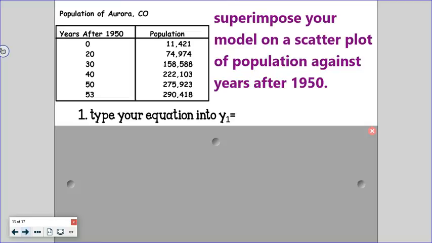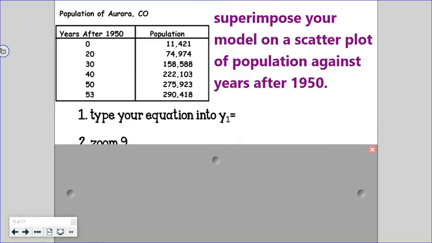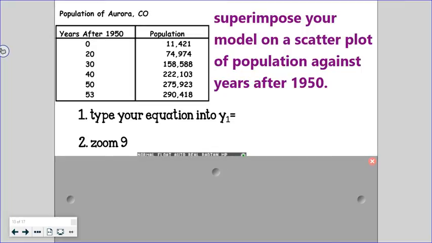And then you're also going to turn your scatter plot back on. For most of you, that means you can just arrow up to plot 1 and hit enter, or go second y equals and turn your stat plot back on. Once you have that done, to see all of it, and this is the nice part about doing the scatter plot and the equation, we don't have to set our window. Hit zoom 9.